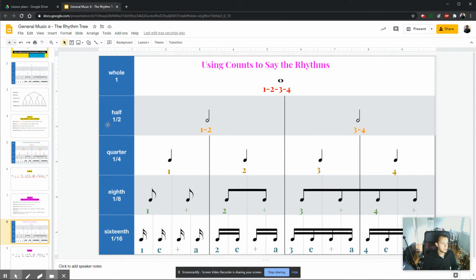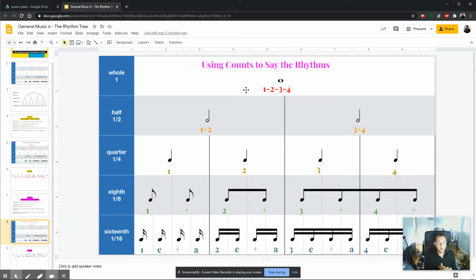So now a whole note, instead of getting ta-ah-ah-ah, you would just use the numbers 1, 2, 3, 4, with the clap coinciding with the number. In this case, I was also clapping the same counts that I was saying.